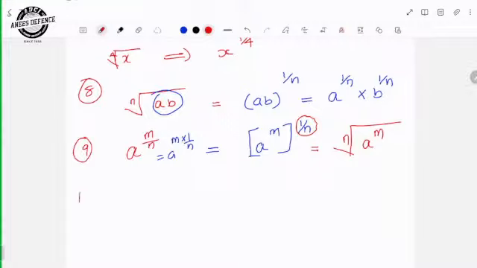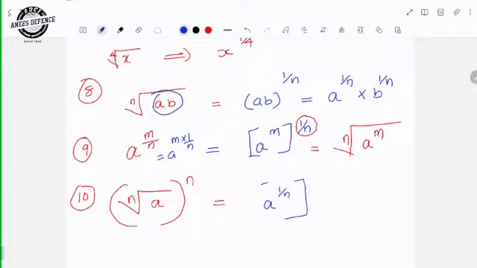Another example, nth root of a raised to n. Nth root of a can be written as a raised to 1 by n. Above that, this n is coming.